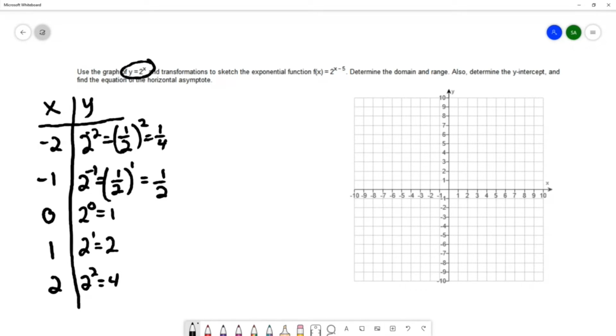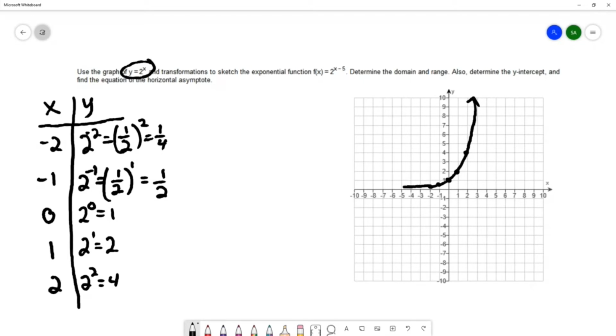We've got the ordered pair -2, 1/4, -1, 1/2, 0, 1, 1, 2, and 2, 4. So this is the sketch of our base graph, 2 to the x.